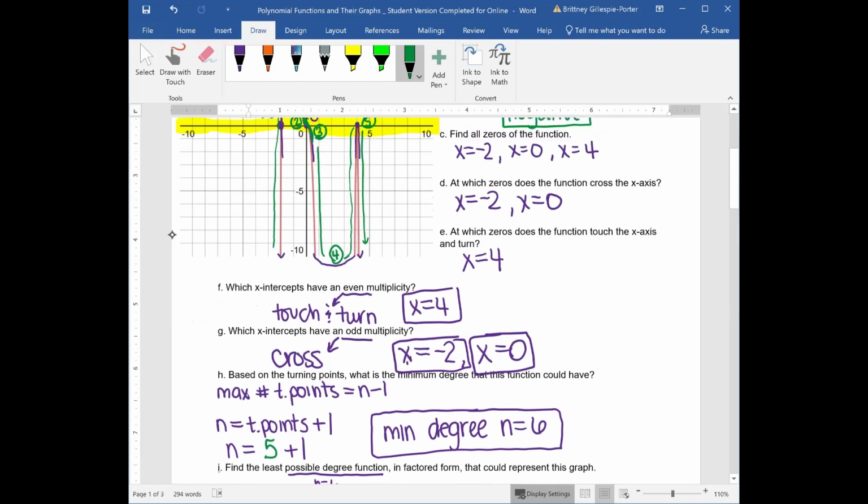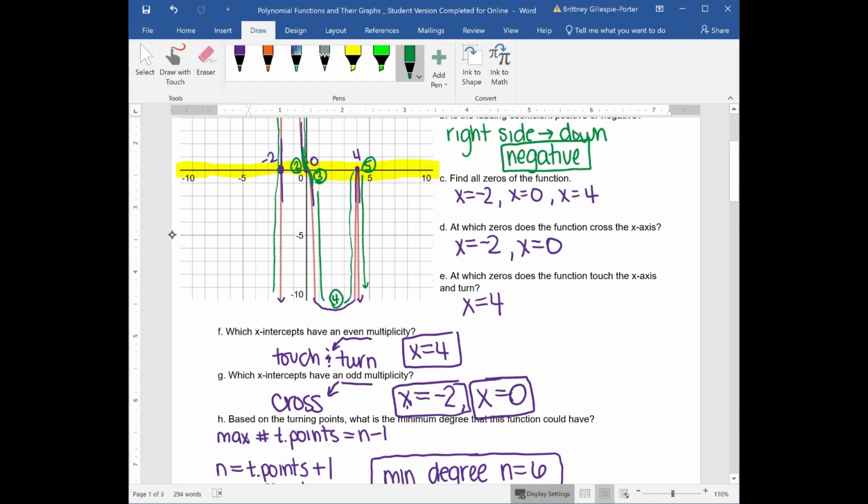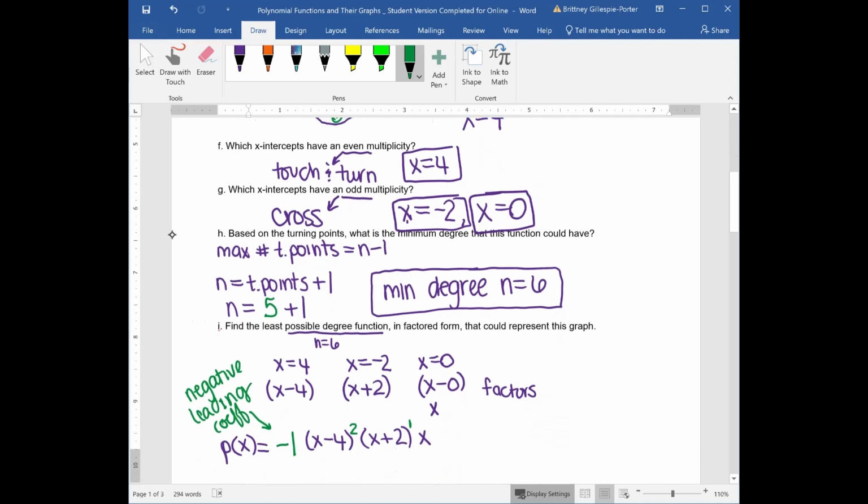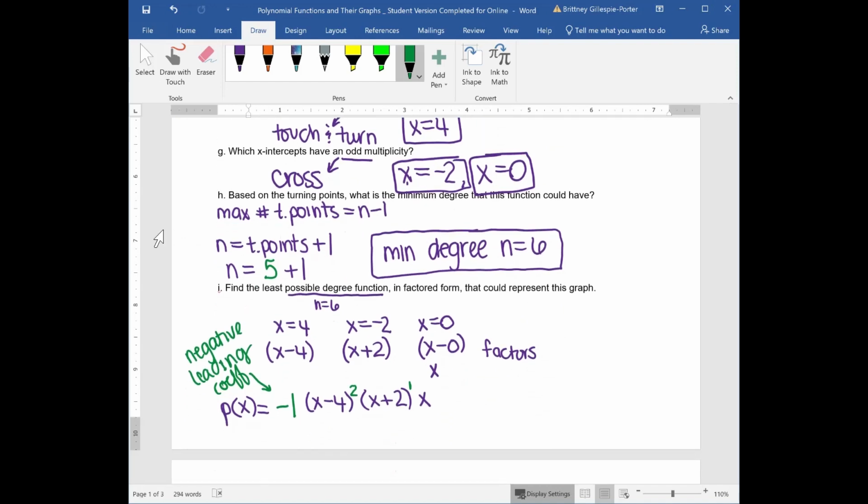However, at our x equal to 0, notice that we had turning points 2 and 3. It flattened out a little bit and made us do some turning. Whenever you have a turning point happening at your 0 and you're still crossing, we're going to have a minimum multiplicity of 3 because it doesn't go straight across.